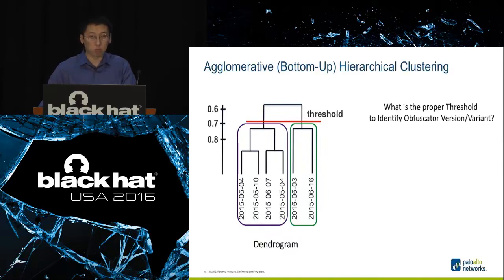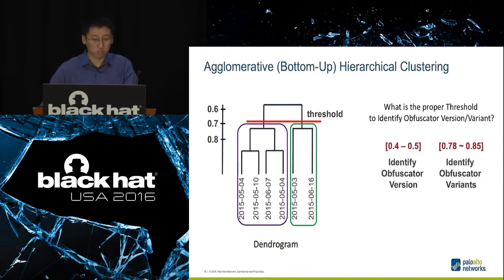The problem is how to find the best threshold to cut the tree. We pre-select 50 pairs of samples and mark whether they come from the same obfuscator version or variant. Then we run our algorithm on all of the samples we have collected, including those marked ones, and build a dendrogram. Then we adjust the threshold to find the best place that can cluster the marked samples into the correct clusters.